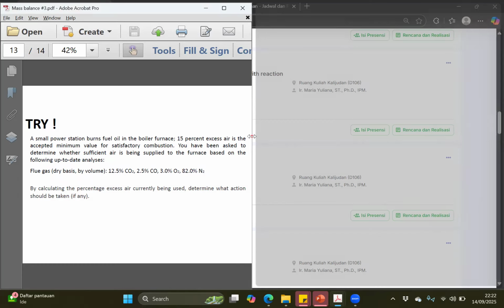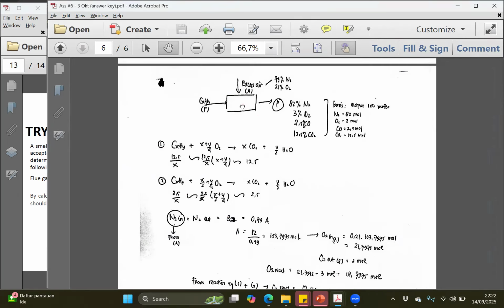I will enlarge the second file. We have the fuel oil, in the form of hydrocarbon, but we don't know what kind of hydrocarbon it is, so we will assume it as CxHy. Then there is air coming in. Why?